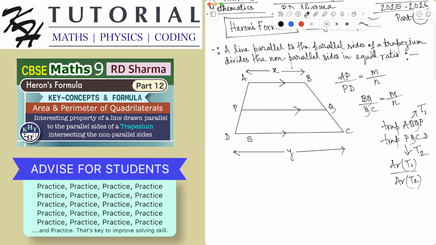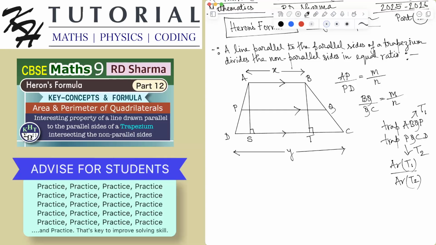Now, the concept is that from the vertex A, I am drawing a perpendicular on the side DC. Let us say AS is perpendicular to the side DC, and BT is perpendicular to the side DC.